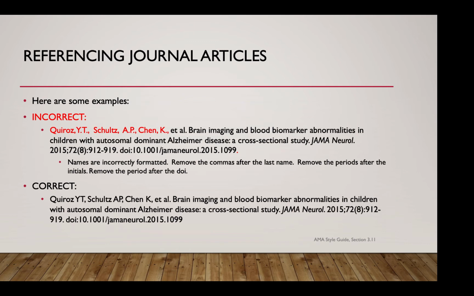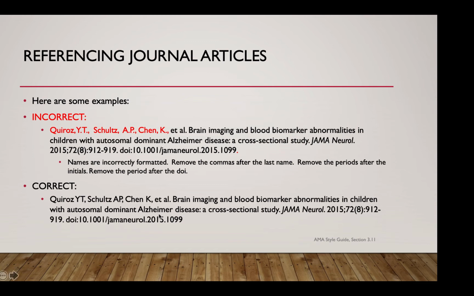So here are a couple of examples. The top example is incorrect because there is a comma after the author's name and there are periods after the initials. This is more in the lines of what you would see in an APA reference. Again, keep in mind that the goal of AMA is to keep down the amount of type.